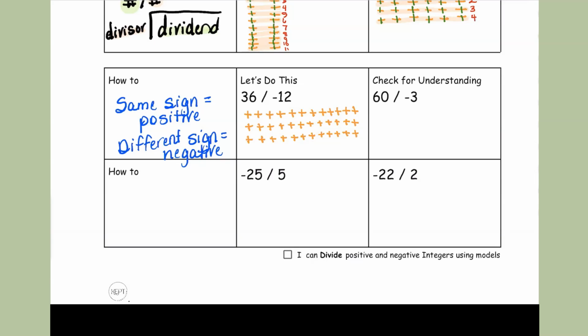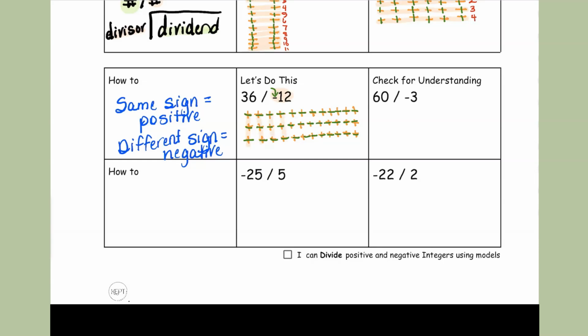But before I do that, I need to look for that negative sign in front of 12 that tells me to change all of my markers to the opposite. So initially I had 36 positives. Because of that negative in front of the 12, that means turn all of these 36 positives into negative markers. Once I've done that, then I can separate them out into 12 groups.